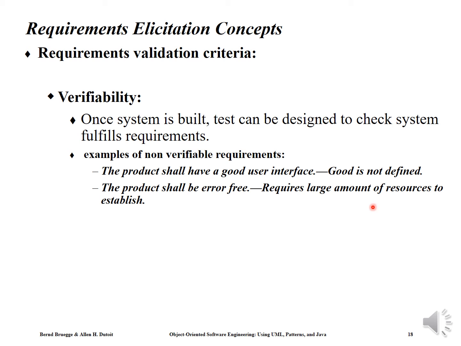An example of it is the search facility should allow the user to find a reservation based on last name, date, etc. Now, etc, how will the tester test etc? So such types of words should not be there in requirements. So verifiability means that the requirement should be testable.